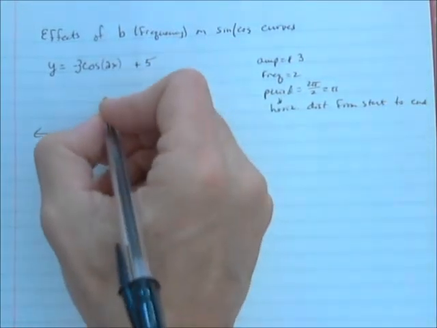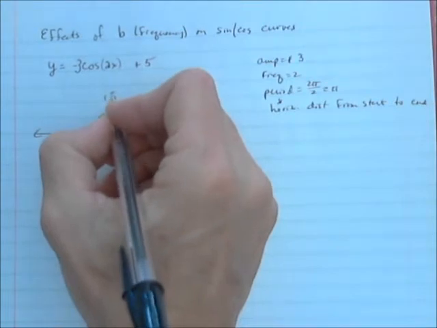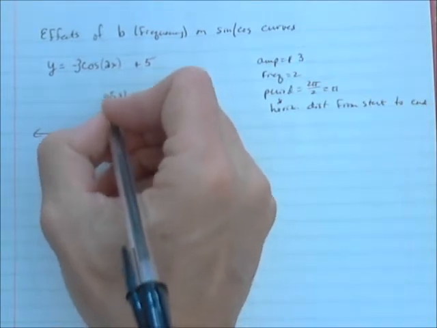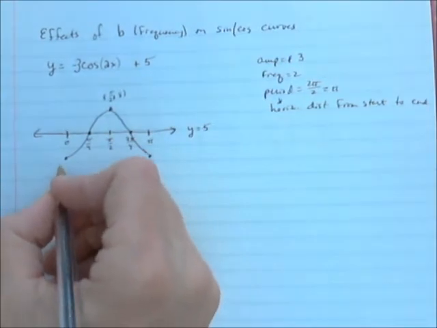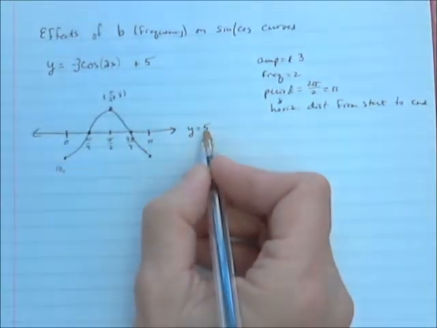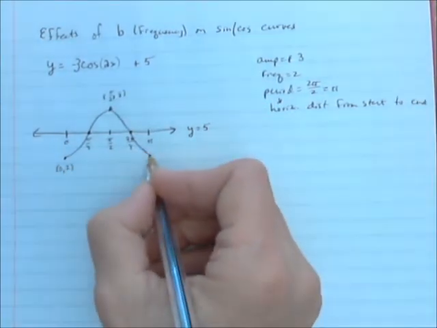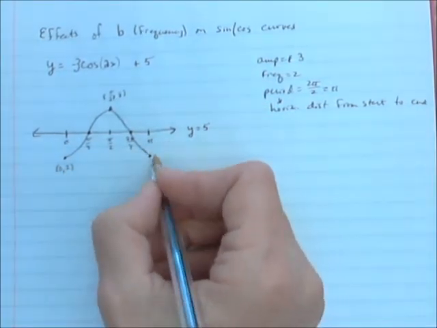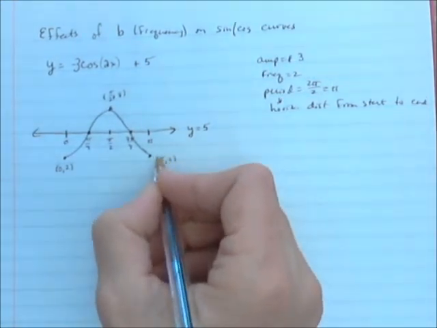So this particular point right here will be pi over 2, comma 8. This minimum point right here would be 0, comma 5 minus 3 is 2. And then this point right here would be pi, comma 2.